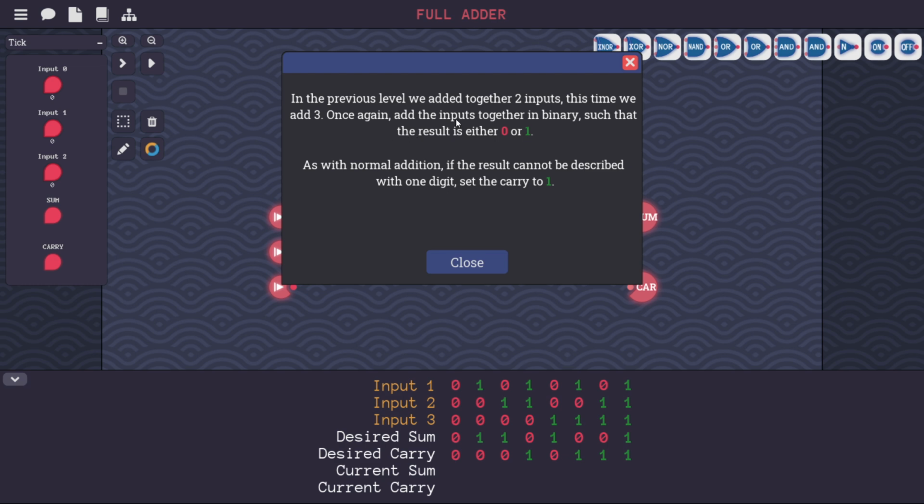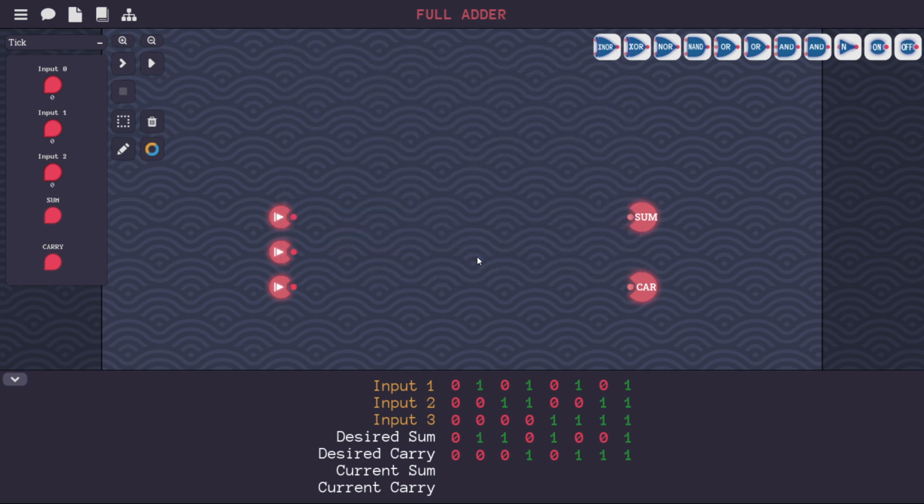Once again, add the inputs together in binary such that the result is either 0 or 1. As with normal addition, the result cannot be described with one digit. If the result cannot be described with one digit, do a carry. I think necessarily a full adder in this case has 8 bits, so my previous statement is not necessarily correct.